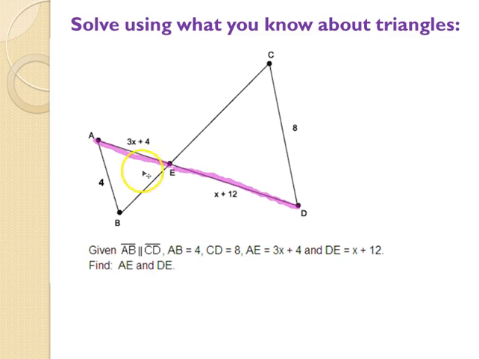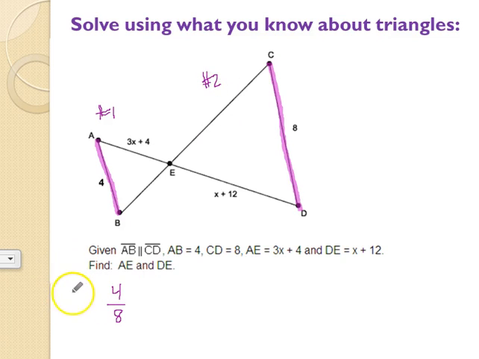Let's look at our corresponding sides. This leg here corresponds with this leg over here. So I'm going to write a proportion. And when you write your proportion, you've got to make sure that you're doing it in the same order. So here I'm doing 4/8. I can call this triangle 1 and this triangle 2.